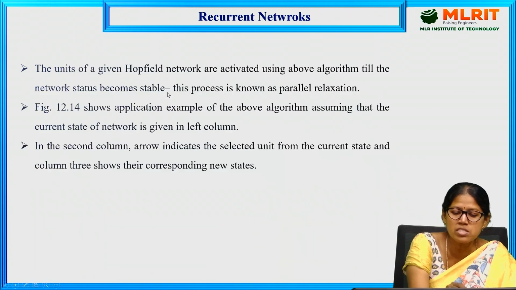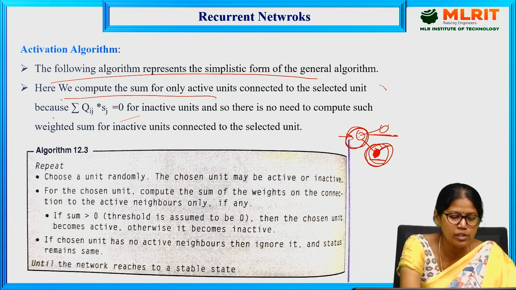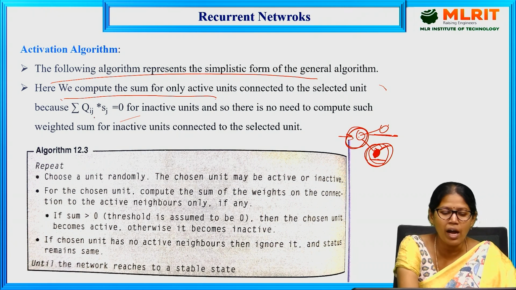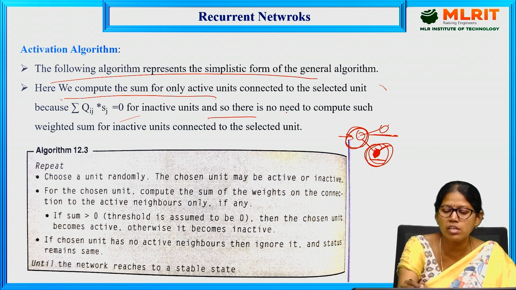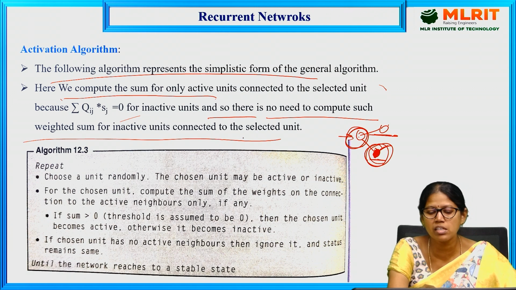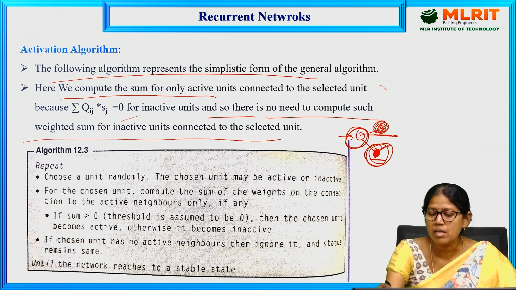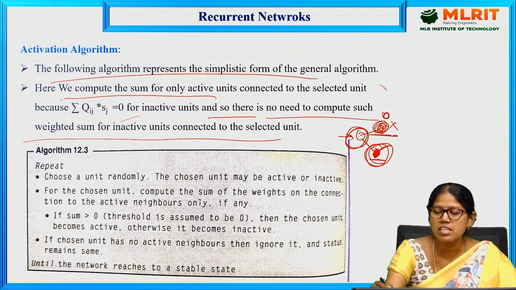We compute the sum for only active units connected to the selected unit, because sigma Wij into Sj equals 0 for inactive units, and so there is no need to compute such a weighted sum for inactive units connected to the selected unit. If you compute the sum also, this one will be 0. That's why it is a waste of time.